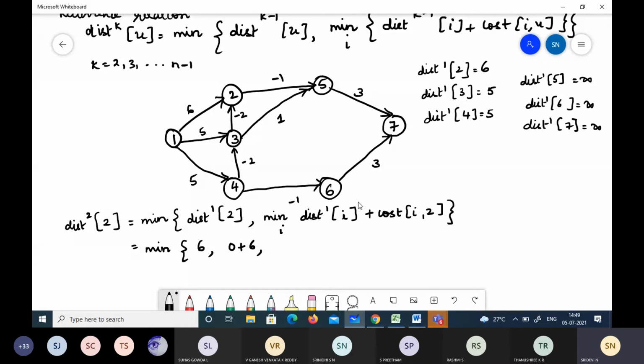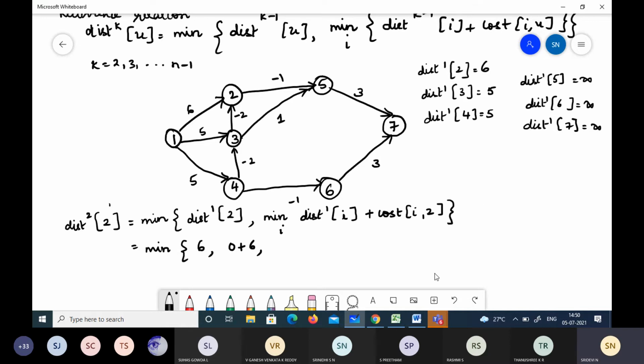One more thing I would like to add here: as our u is 2, we will not take this 2. We will leave 2 and we'll vary I by leaving 2: 1, 3, 4, 5, 6, 7. Those values we'll just take. Is it clear? Is it confusing? Are you able to follow?